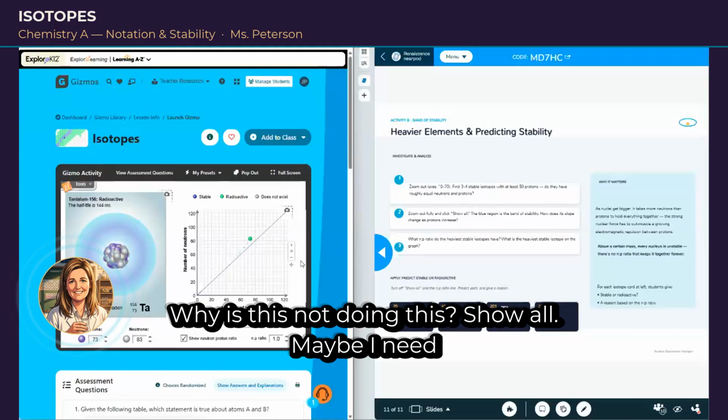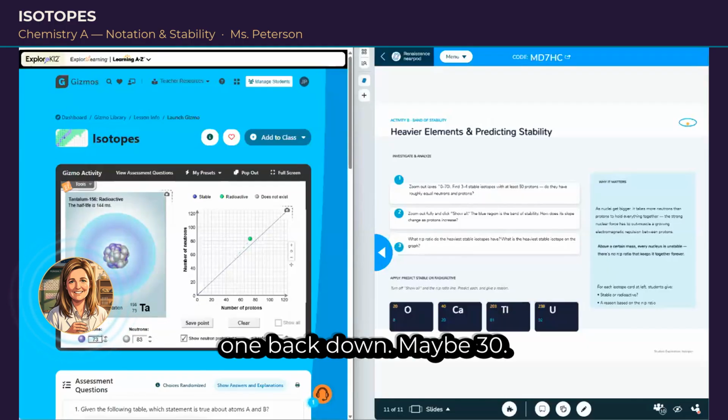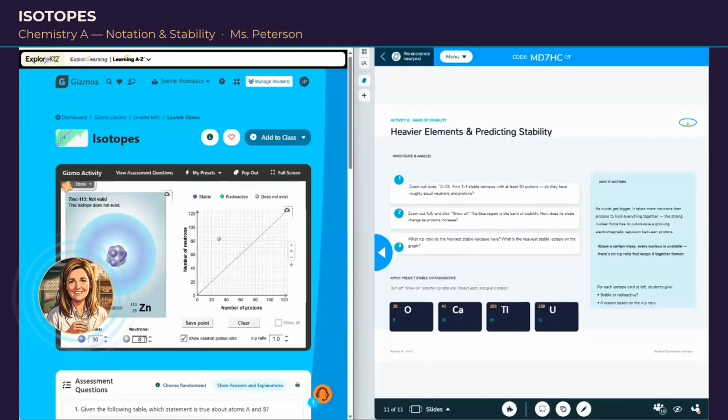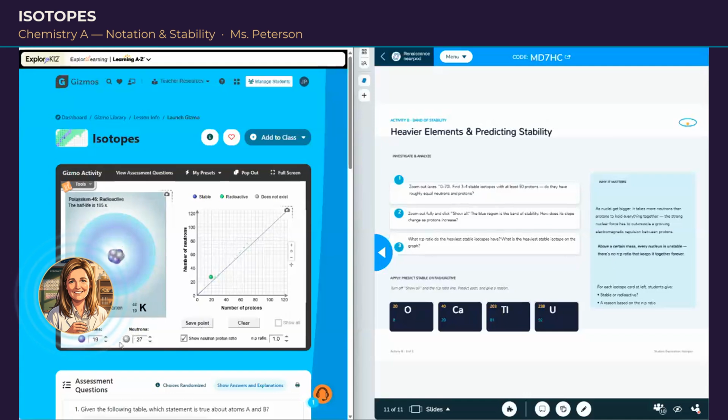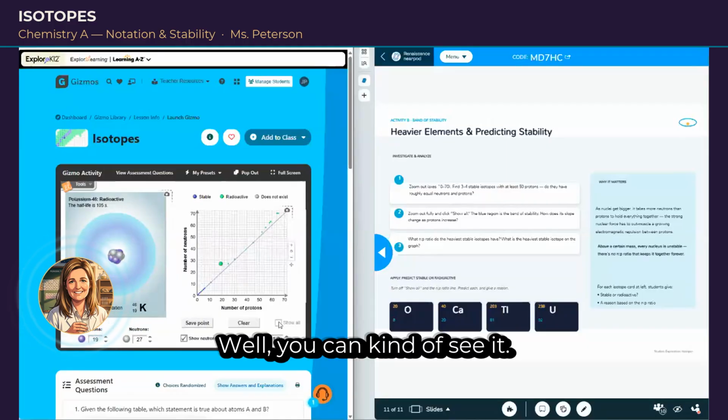Okay, why is this not doing this? Show all. Maybe I need one back down. I'll do 30. I did this yesterday and it worked just fine. Well, you can kind of see it.